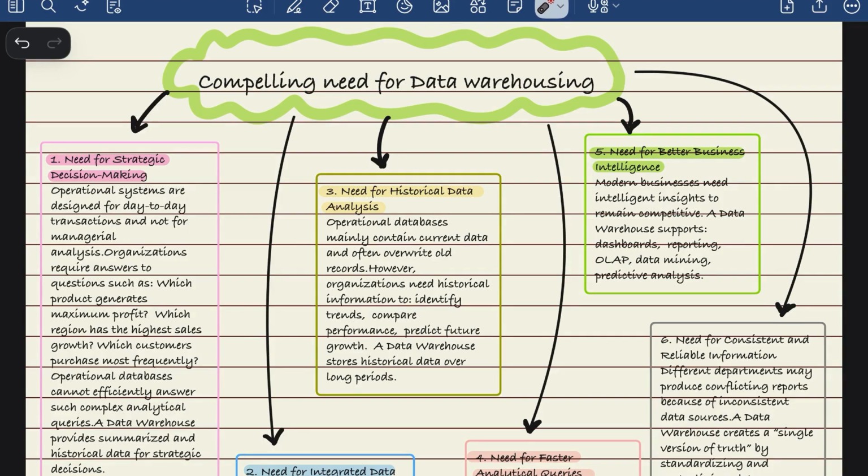Alright, what is the seventh need? The seventh need is for trend analysis. If a supermarket wants to know how many sweets to order for Diwali next year, for example, say you own a sweet shop and Diwali is coming up, how would you know how much the demand will be?